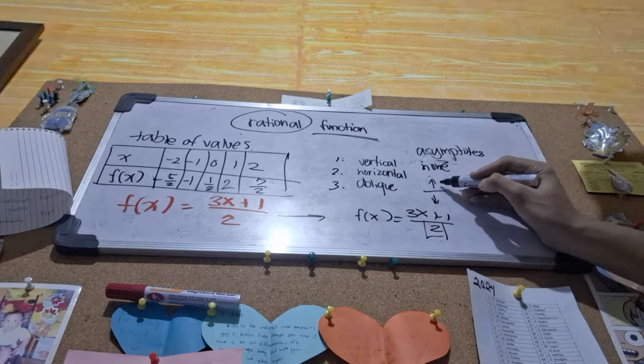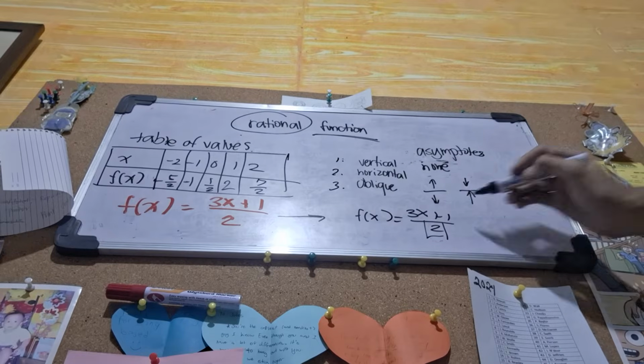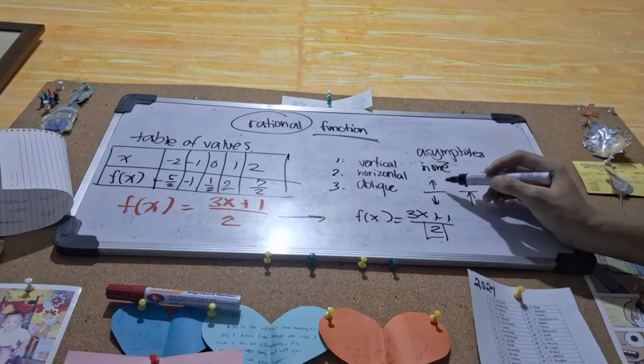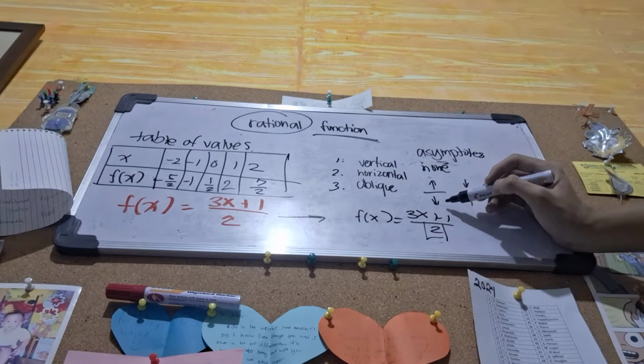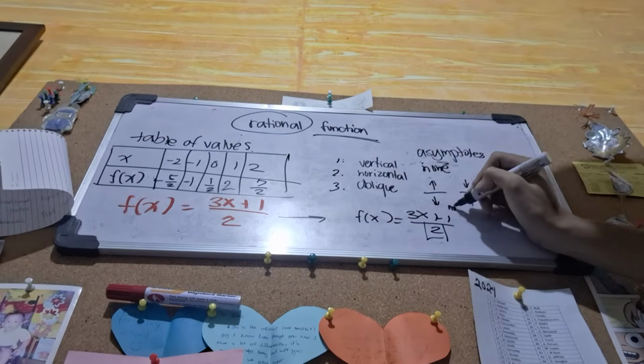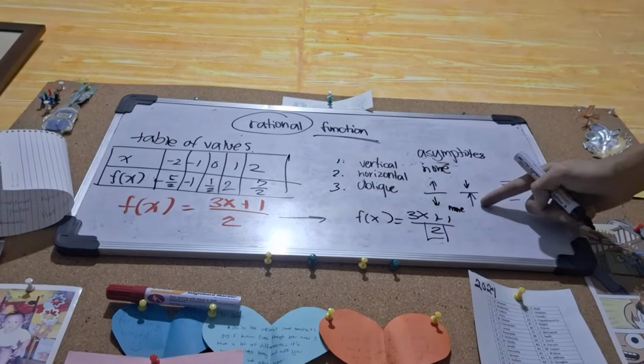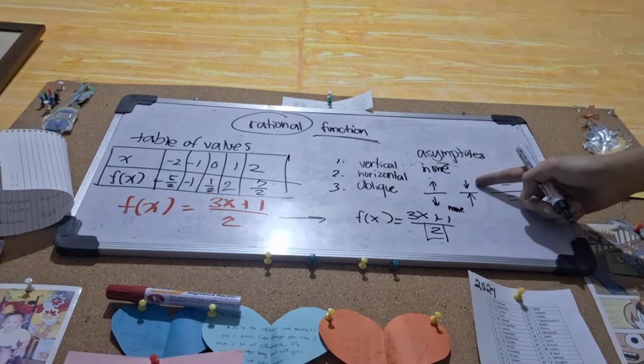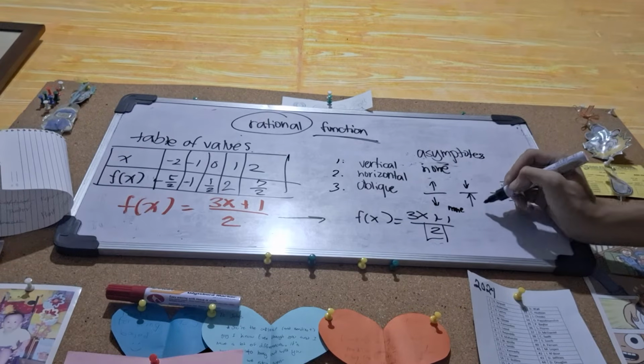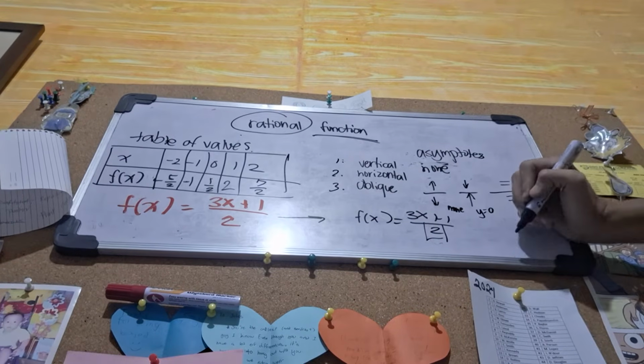If the exponent on the top is higher than the one on the bottom, then there is none. If the one on the bottom is higher than the one on the top, then the answer is y equals 0.